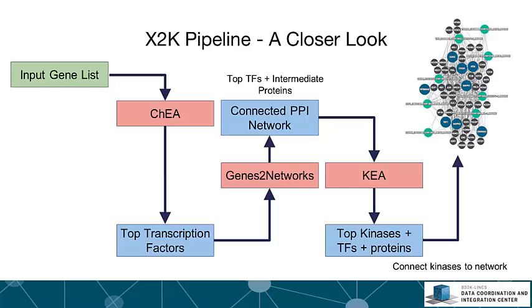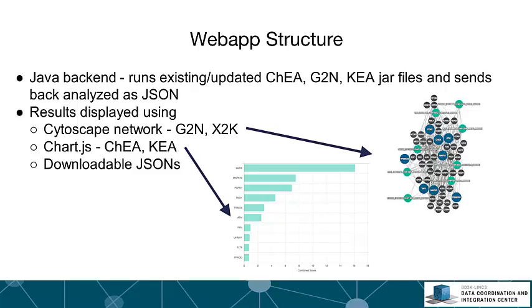And the way the web app itself is actually structured is that we have a set of 4 different Java servlets on the back end receiving these various inputs, running the apps, so ChEA, genes to networks, KEA, and the whole X2K pipeline.